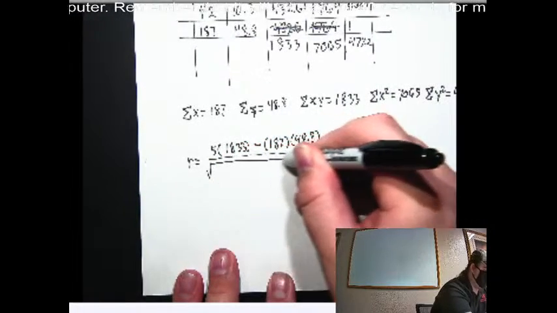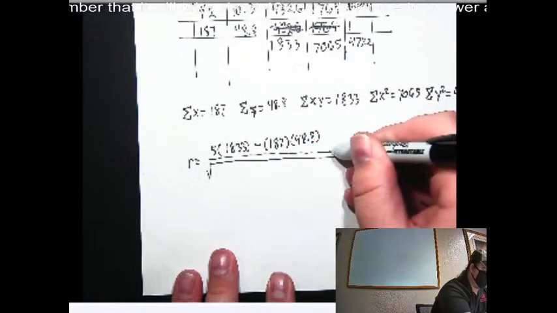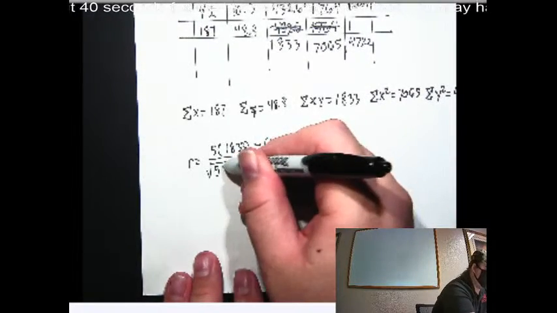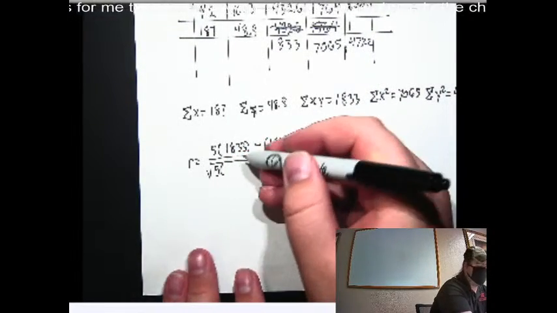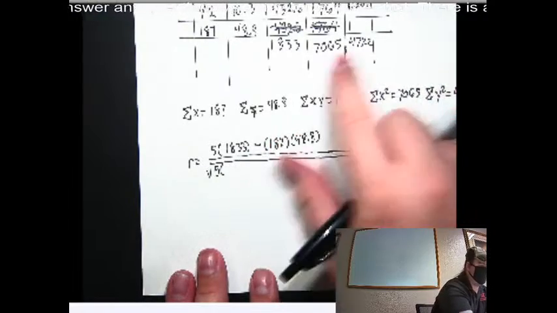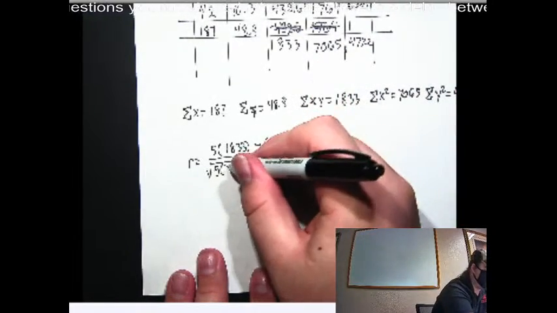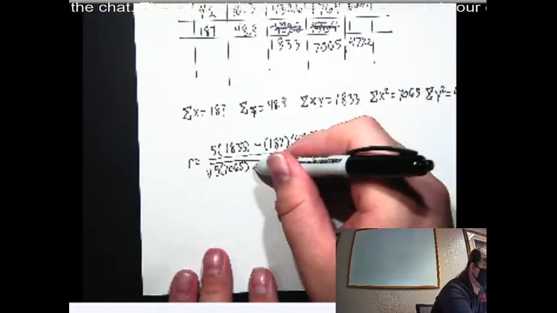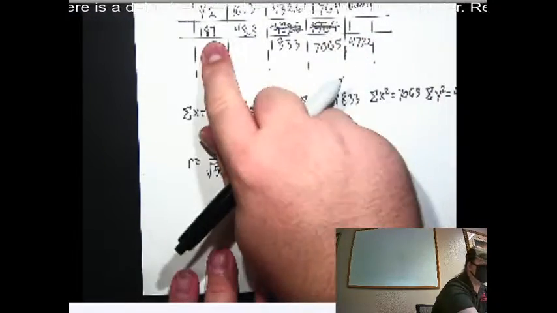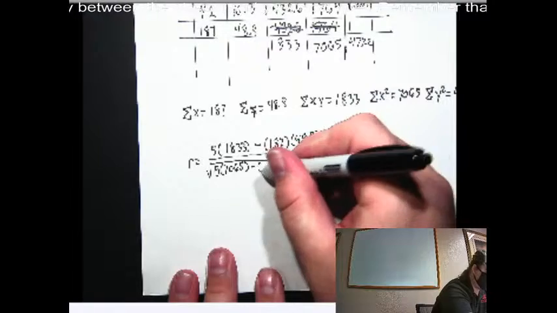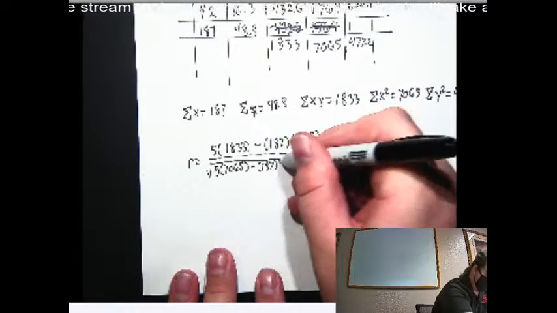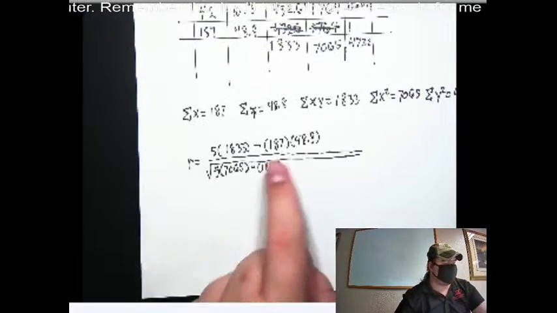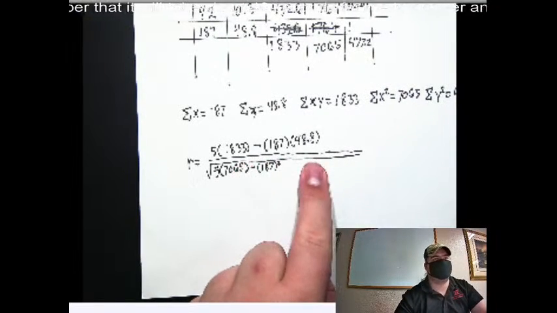And then on the bottom, we have n, 5, times the sum of x squared, which is 7065, minus the sum of x, 187, squared. And at this point, Hawks likes to split this into two roots.